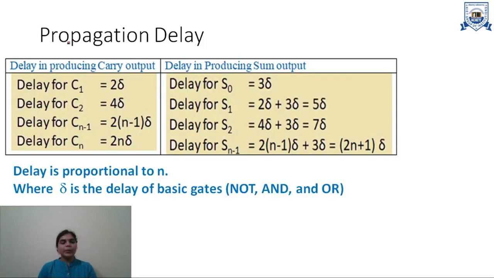Due to sequential propagation of carry from one stage to another, this ripple carry adder has some delay, and the delay in producing carry output is 2 delta, where delta is the delay of a basic gate. Let us see how this delay for carry is 2 delta.